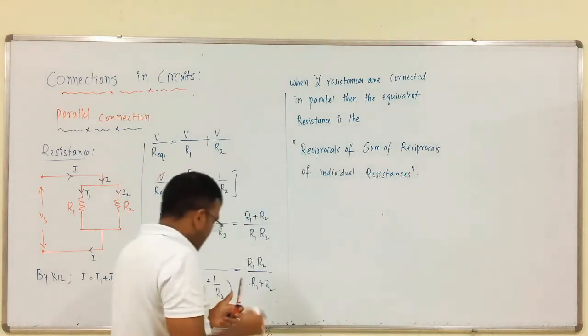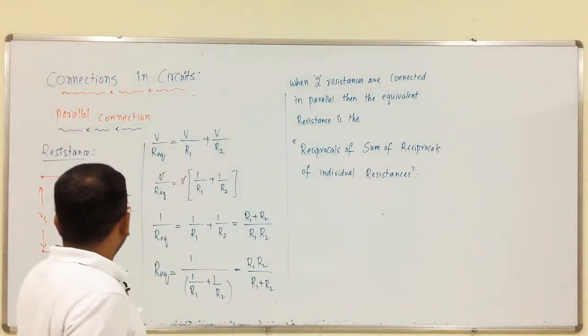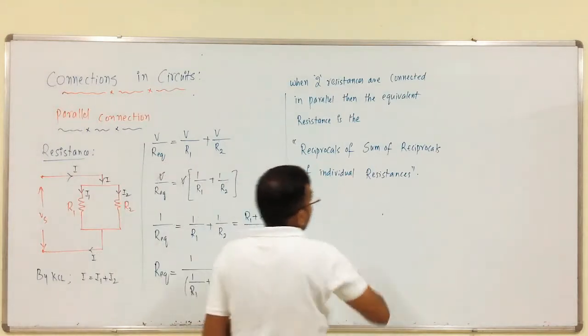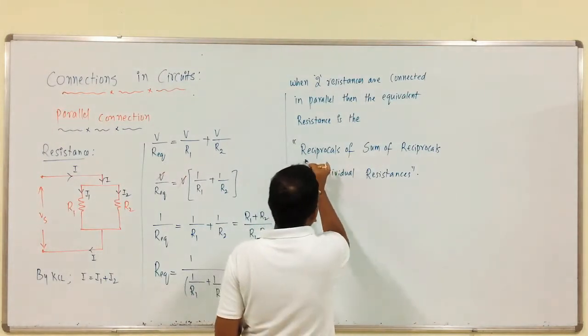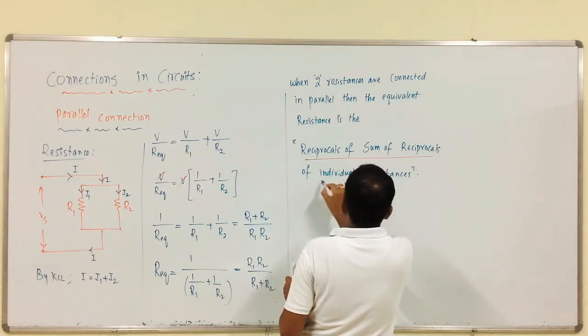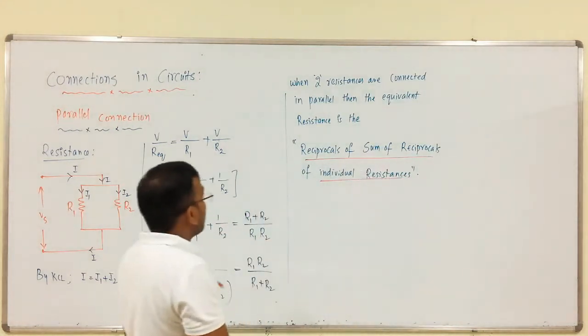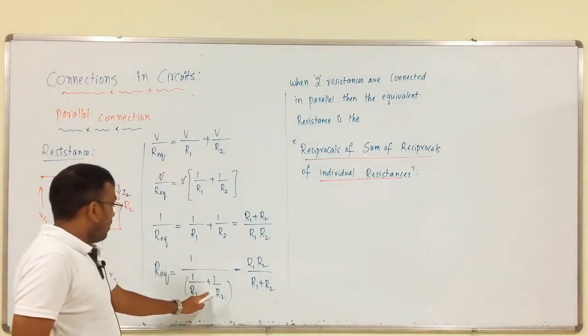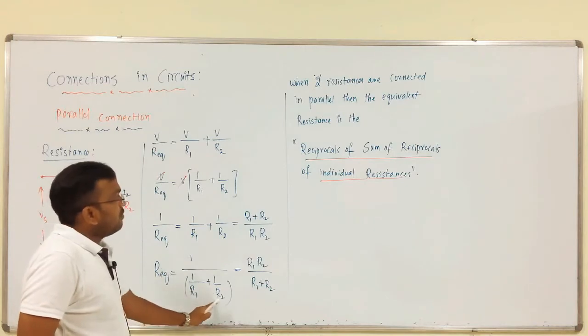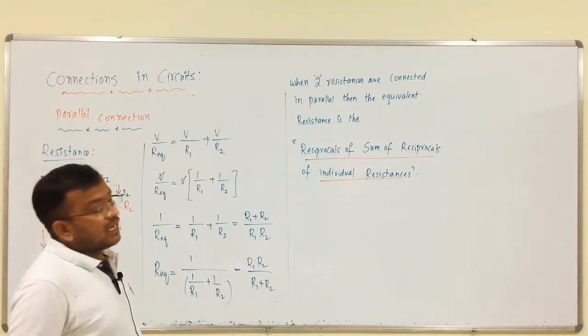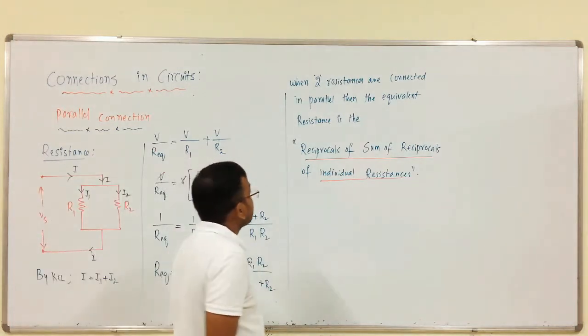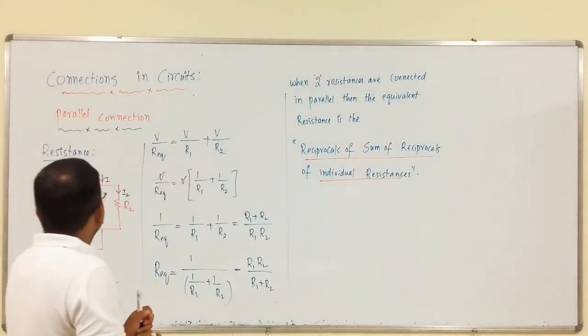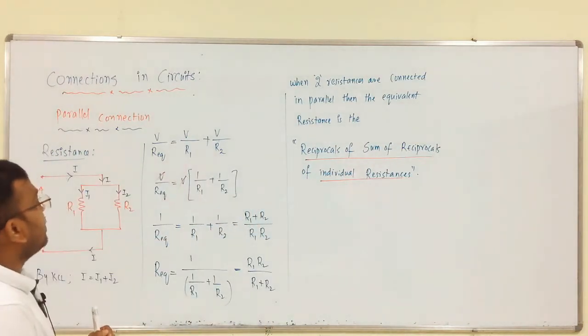This is the statement for the connection which has the resistances in parallel. Reciprocal of the sum of reciprocals of individual resistances. Right, this is for resistances which are connected in parallel.